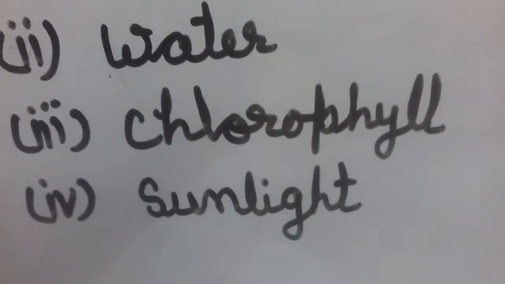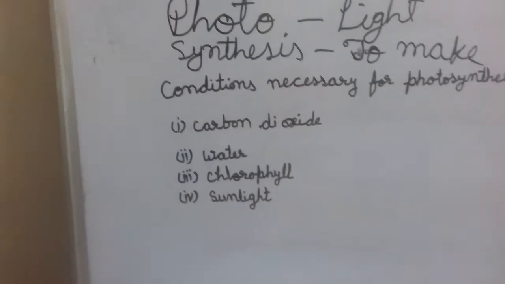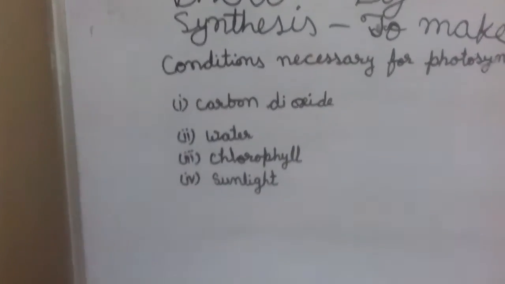The role of chlorophyll in photosynthesis. What is the role of chlorophyll in photosynthesis? Chlorophyll is already present in leaves, but what is the role of chlorophyll? The chlorophyll traps the solar energy and helps in photosynthesis.